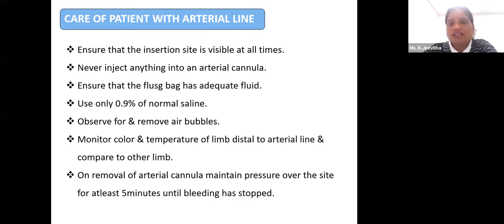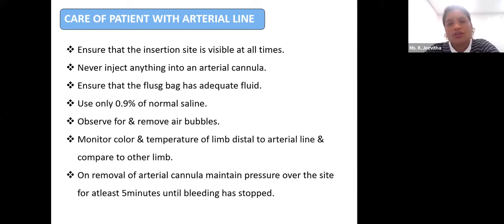Ensure that the flush bag has adequate fluid. Every time it will be connected to the transducer, and you have to use that saline and observe for any air bubbles, and monitor whenever the patient is on an arterial line. You have to monitor the peripheral hands for any chance of necrosis. These are the things you have to monitor, and you have to check for the patency of that cannula.